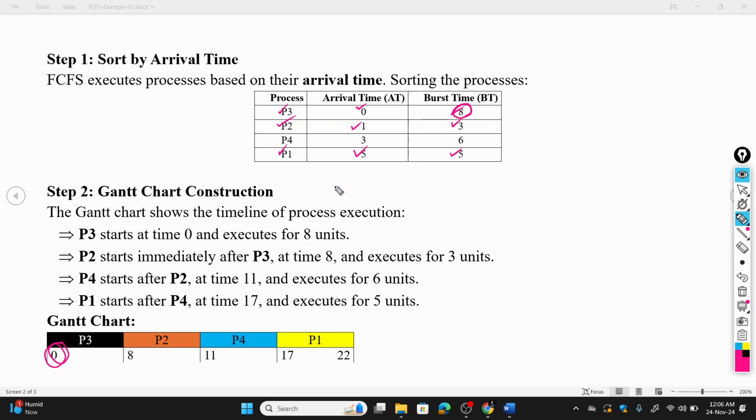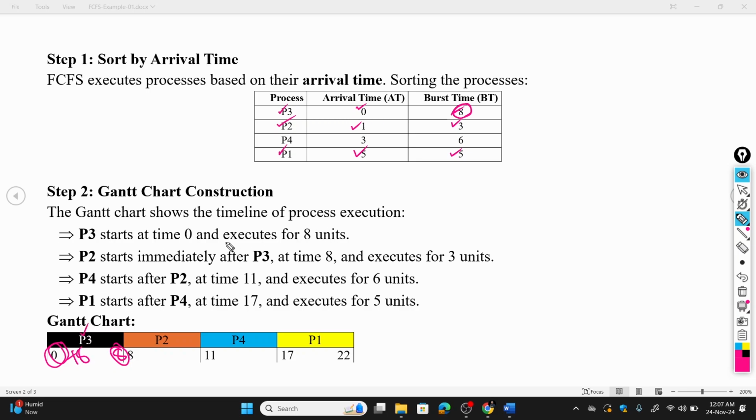So 0 plus 8 is equal to 8. So 8 will be the upper limit of this block and 0 is the lower limit, and this block is only for the P3 process.